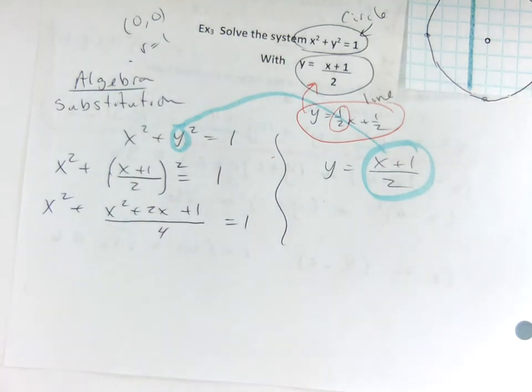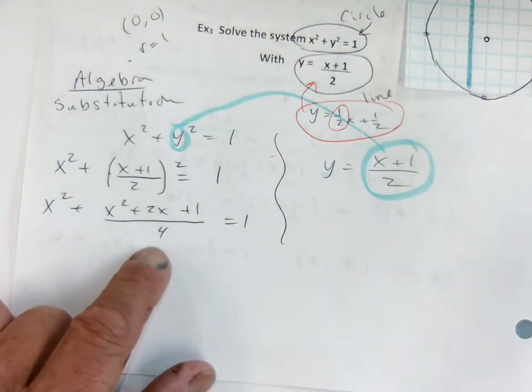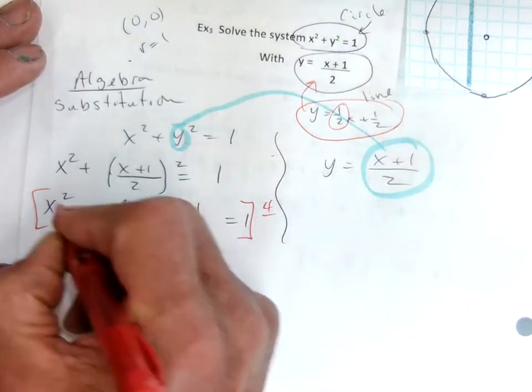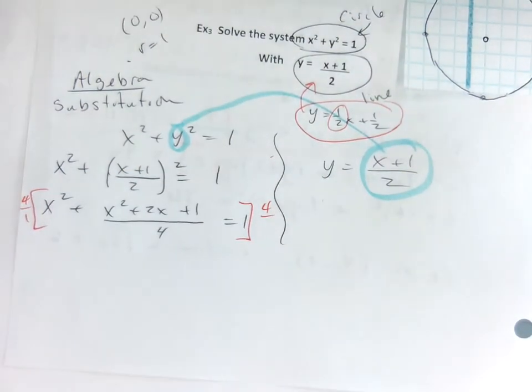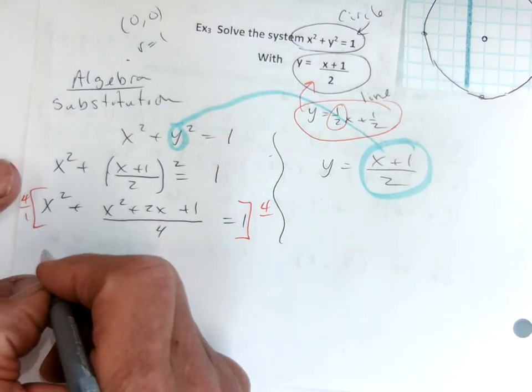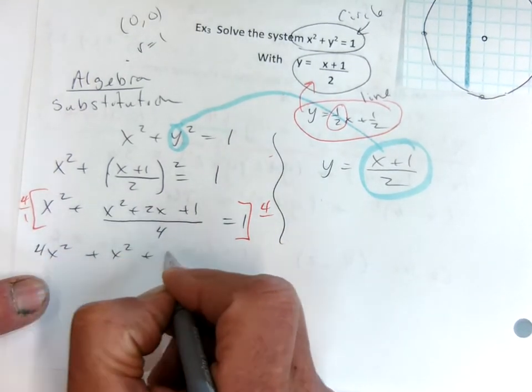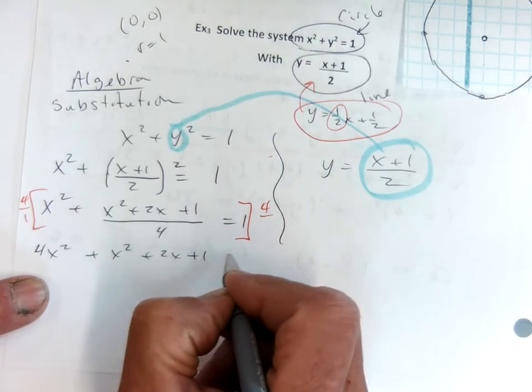I don't like fractions. You don't like fractions. So we're going to get rid of the fraction by multiplying everything through by 4 over 1. I don't like this divided by 4. So I'm going to make this problem easier by multiplying everything by 4 over 1, and then it'll eliminate my divide by 4. I'll get 4x squared plus x squared plus 2x plus 1 equals 4.